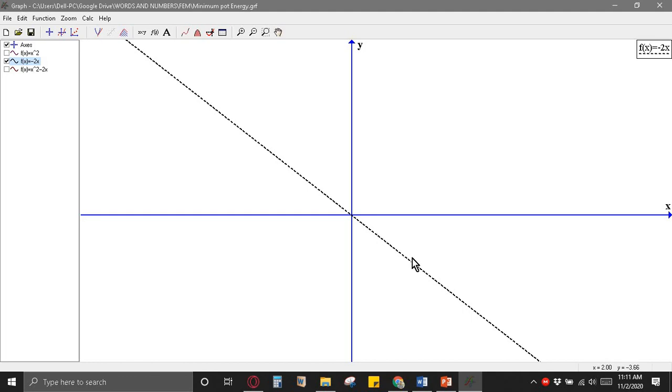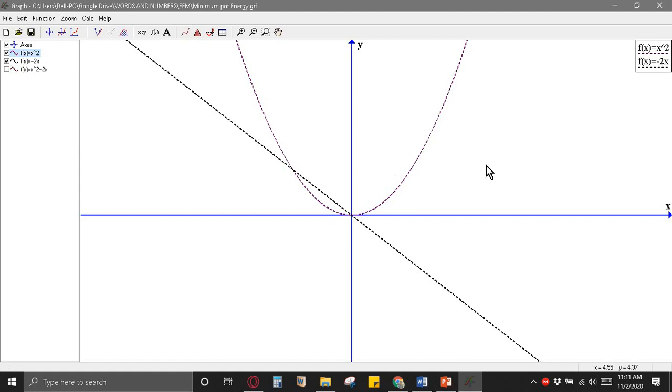This is external potential energy possessed by the external force system. The x-axis represents the displacement of the node, and y-axis represents the potential energy. When x increases, then the potential energy possessed by the external force system gets reduced, right? And when x decreases or displacement is to the left, then the potential energy is going to get increased.